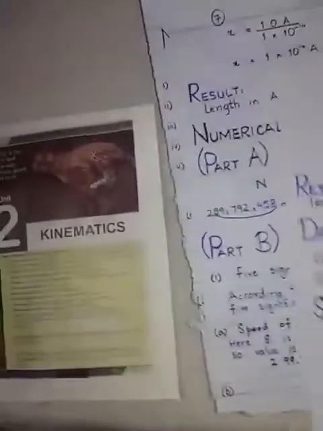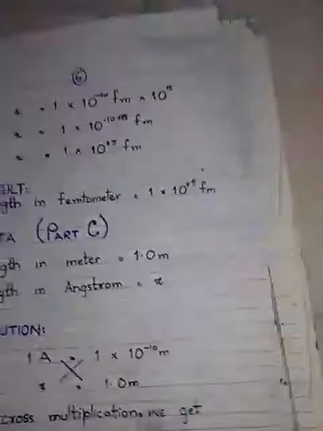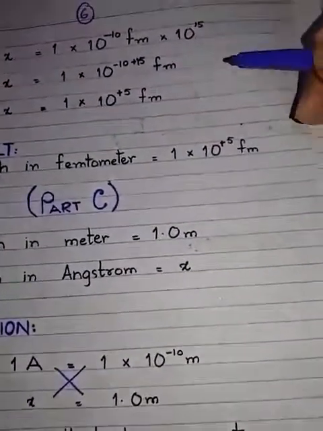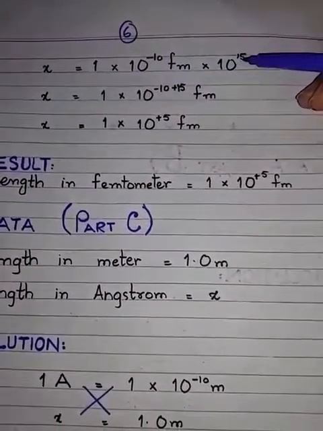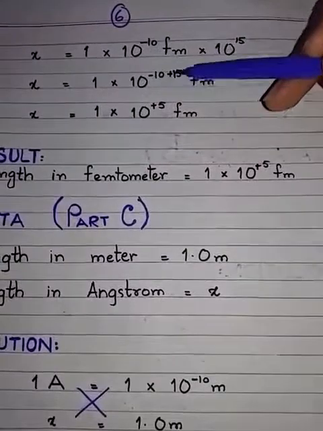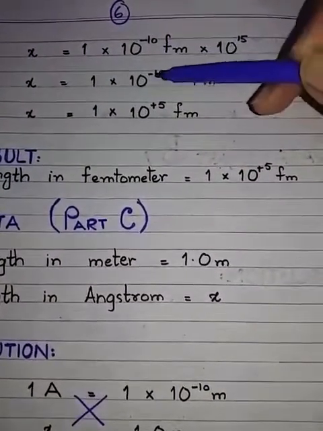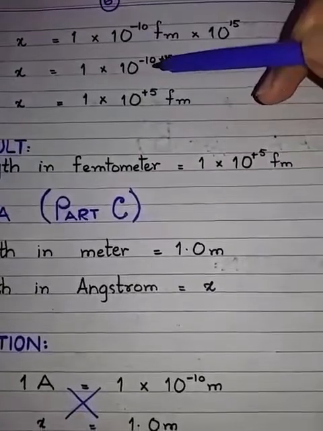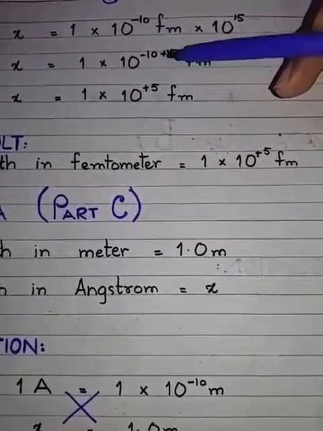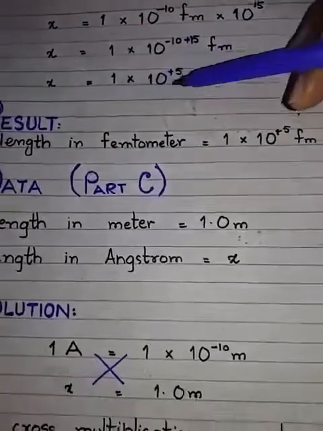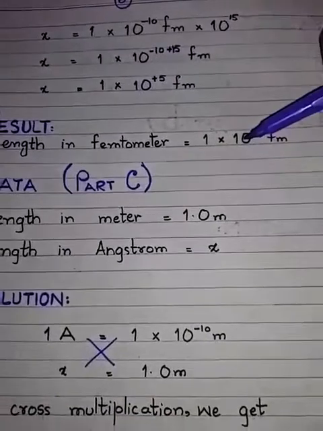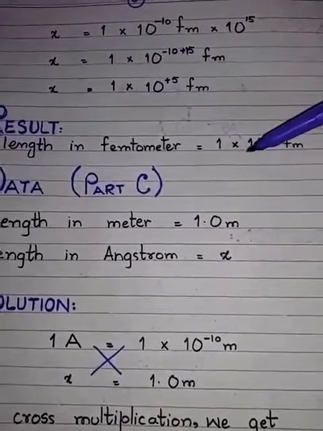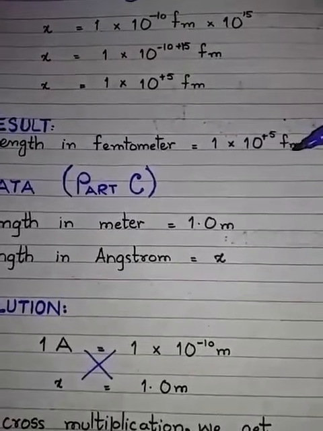So x is equal to 1 into 10 raised to power minus 10 femtometer multiplied by 10 raised to power 15, plus minus 10 plus 15 femtometer. So plus minus minus: 15 minus 10 is equal to 5, and the sign is positive. So x is equal to 1 into 10 raised to power plus 5 femtometer. So length in femtometer is equal to 1 into 10 raised to power 5 femtometer.